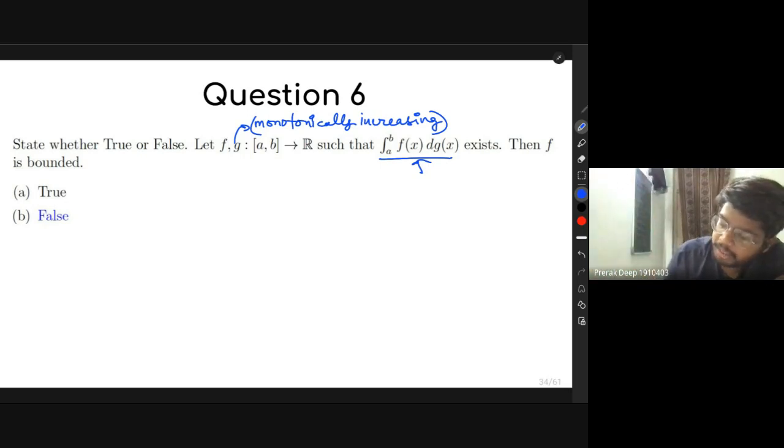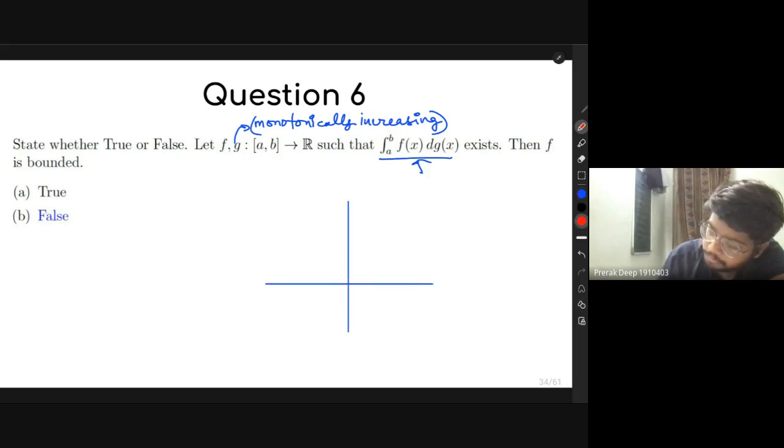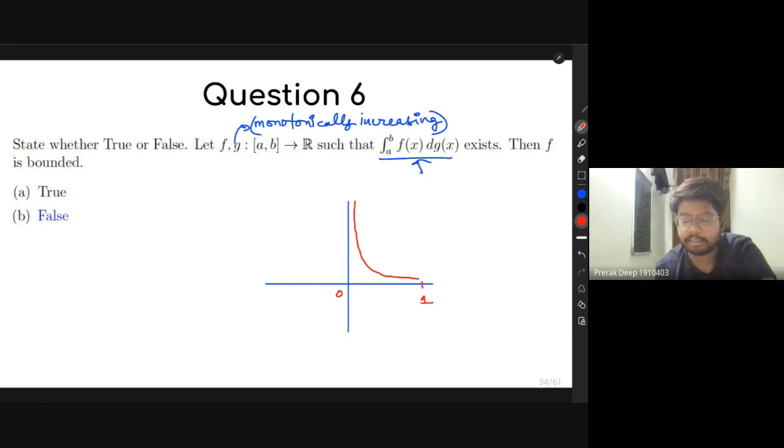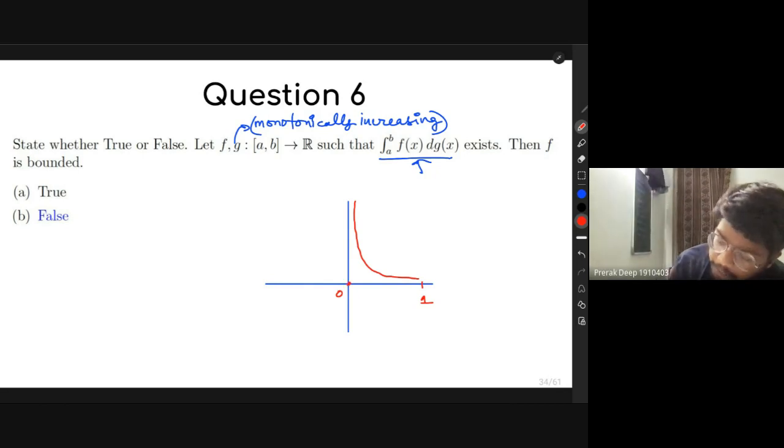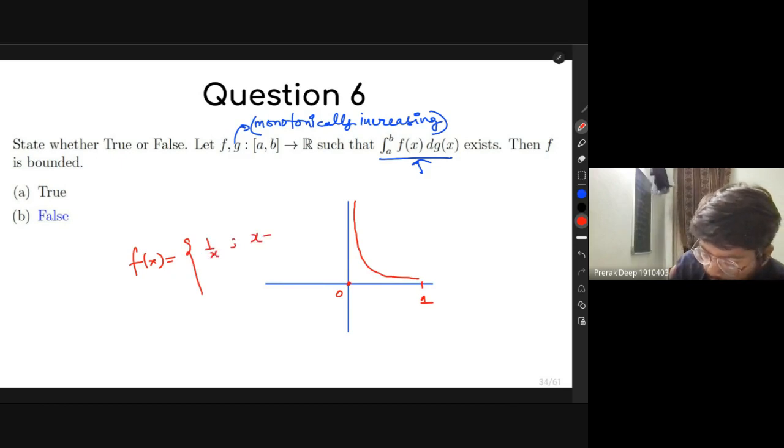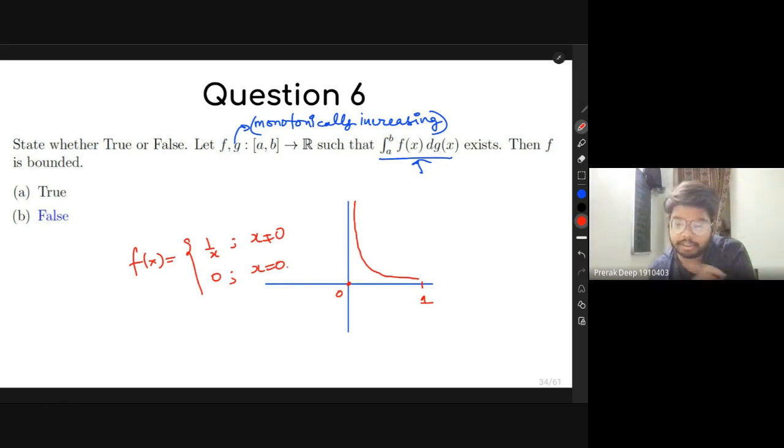The example I'm thinking of: fix your domain to be [0, 1], and define the function as 1/x when x is non-zero, and 0 when x is 0. This function is clearly not bounded.